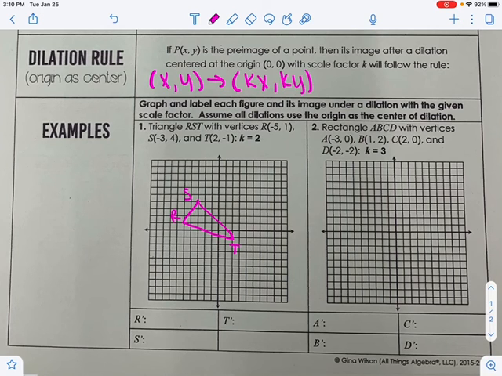And what we're going to do, in this case, K is 2. We're literally going to multiply 2 to everything. So R was originally (-5, 1). It'll be now (-10, 2). S was (-3, 4), so it's (-6, 8). And T was originally (2, -1), so now it is (4, -2).